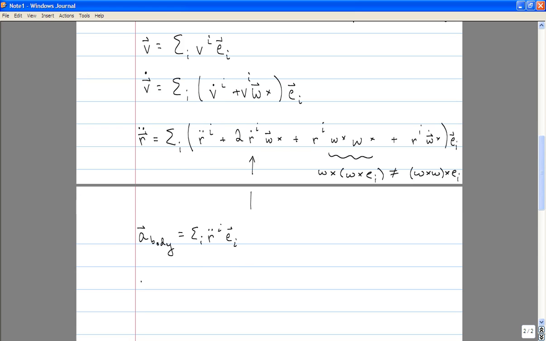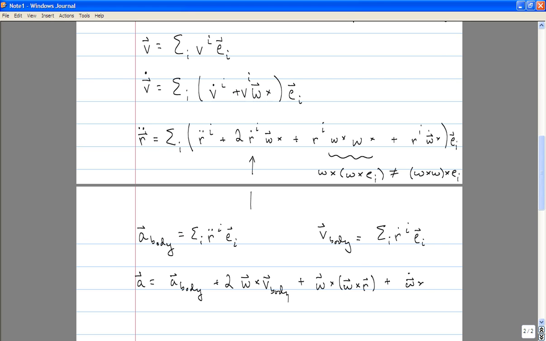So the total acceleration vector would be A body plus 2 omega cross V body, where V body is the vector whose components in the rotating coordinate system are r dot. The third term would be omega cross (omega cross r), and the fourth term would be omega dot cross r.